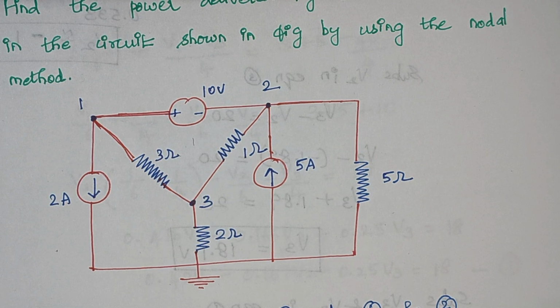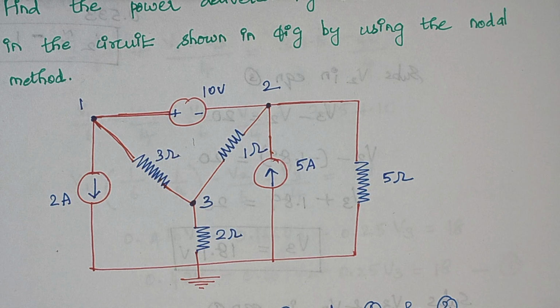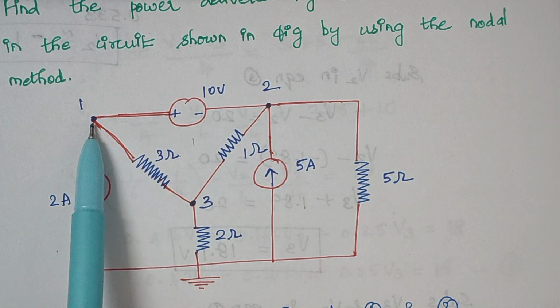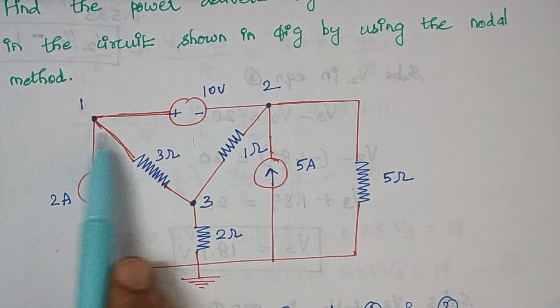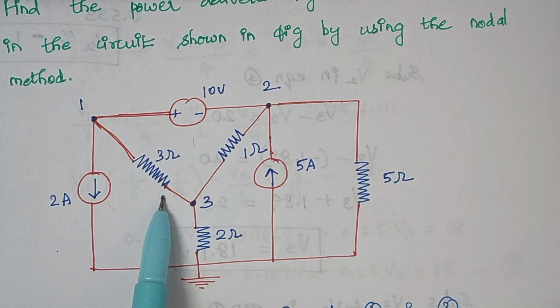So now we are going to write the nodal equations. As a first step, I am going to combine the nodal equation for nodes 1 and 2, because only minimal elements are connected with node 1 and node 2. To node 1, how many elements are connected? There is a current source, a voltage source and a resistor.